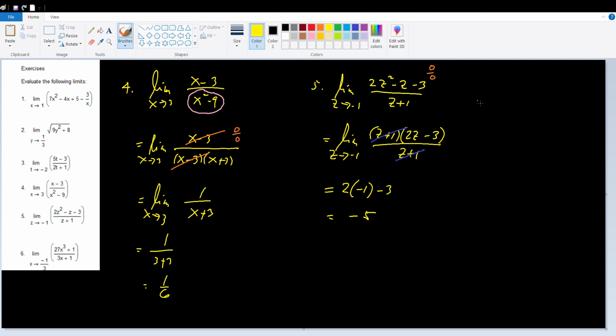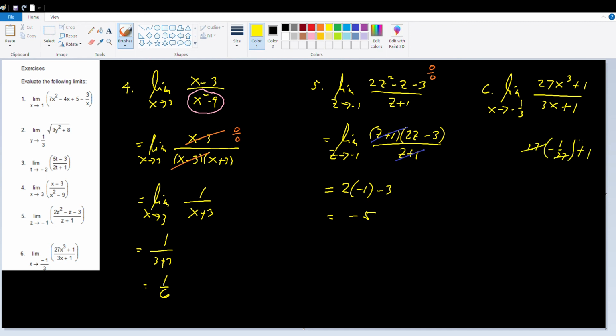How about in number 6? We evaluate the limit of 27x cubed plus 1 all over 3x plus 1 as x approaches negative 1/3. So by substitution method, negative 1/3 cubed is negative 1 over 27 times 27 plus 1.